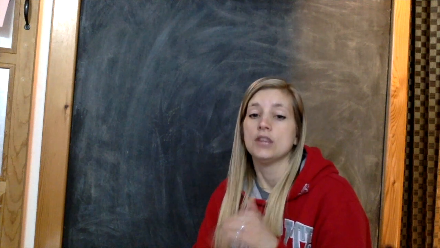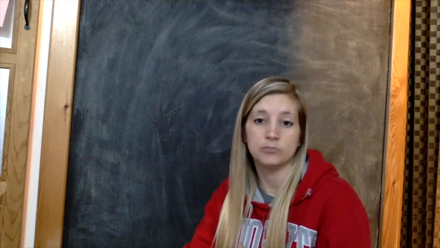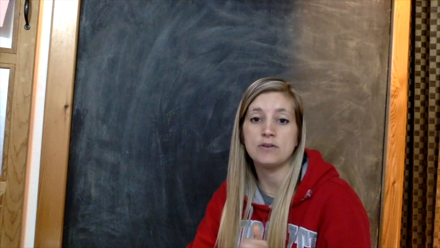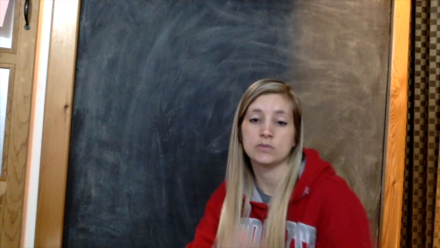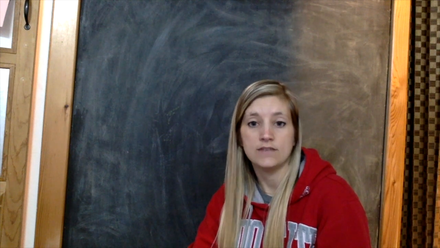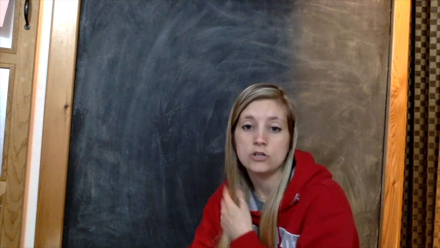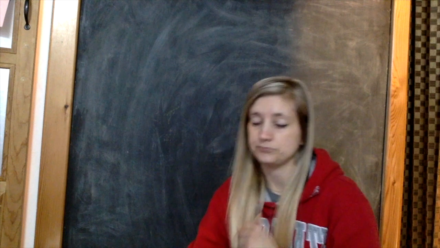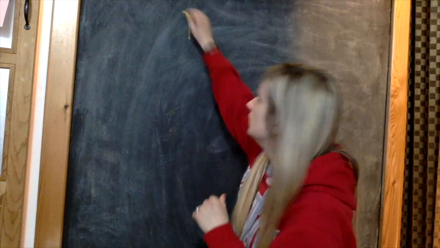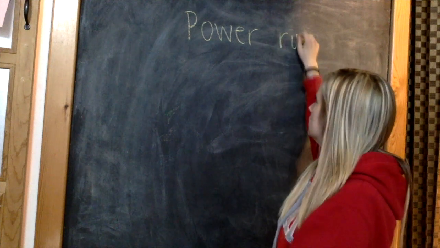And then the last rule that we got in was the negative rule, and it's a simple, easy, quick fix. Anytime you have a negative exponent, you just switch from numerator to denominator and it becomes positive, or vice versa. If the negative starts in the denominator, you move the base in that exponent to the numerator and then it turns positive. Okay, so the last one that we have to do is considered the power rule.